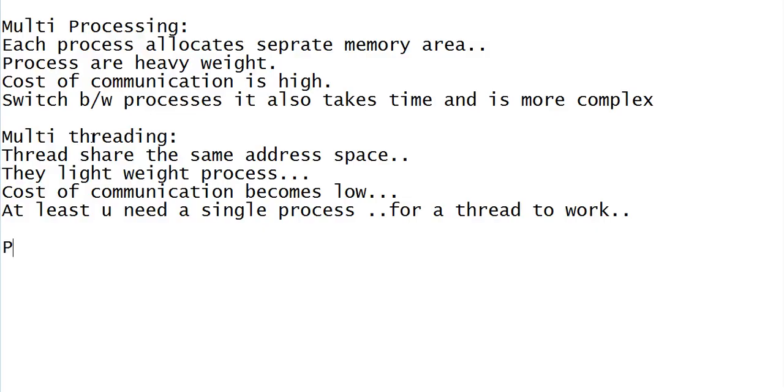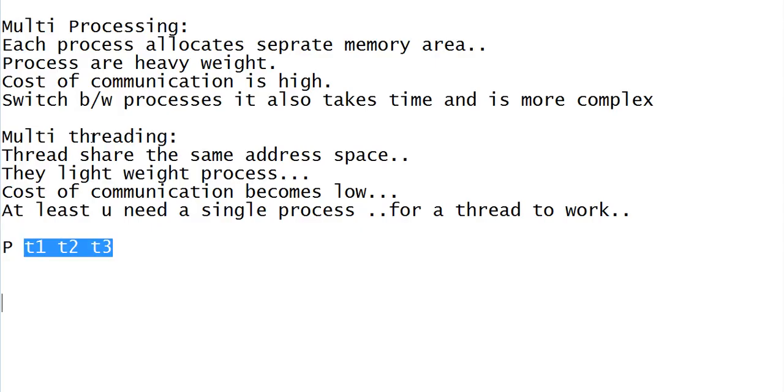So if there is a process P and it has 3 threads, T1, T2 and T3, you can execute T1, T2, T3 at the same memory address, and they are lightweight, so they have a great advantage over using processes P1, P2 and P3. But at the same time, you need at least a single process that could contain all of these 3 threads inside it.